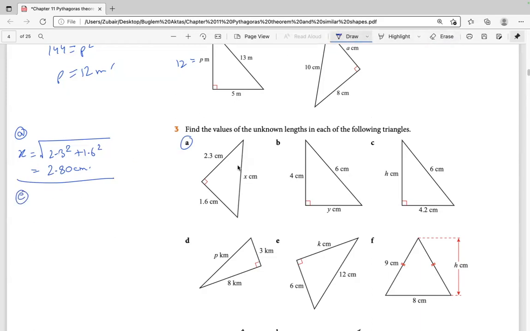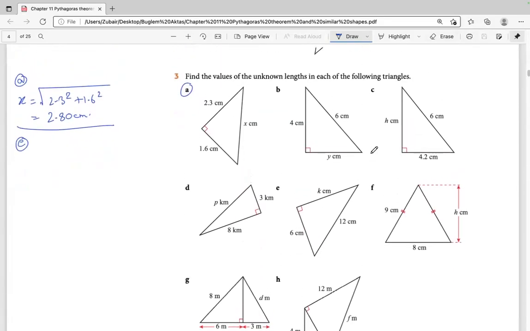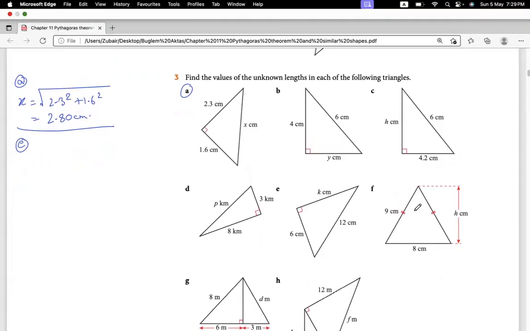Because there are two checks in this question, correct answer and three significant figures. It's not working right. I don't know.